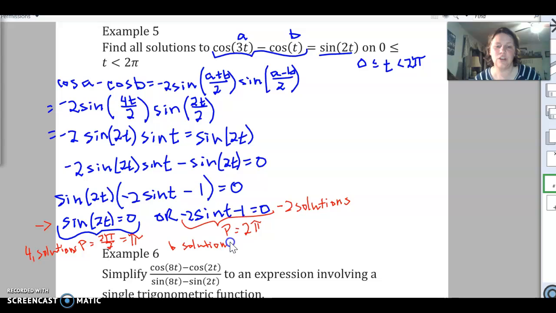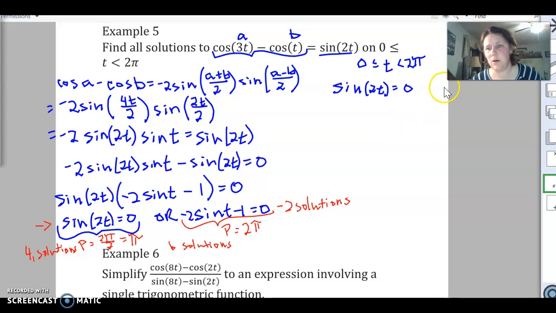Now I'm going to show you a little bit easier way of keeping track of what all your solutions are. The only one that is a problem is the sine of 2t, equal to 0.